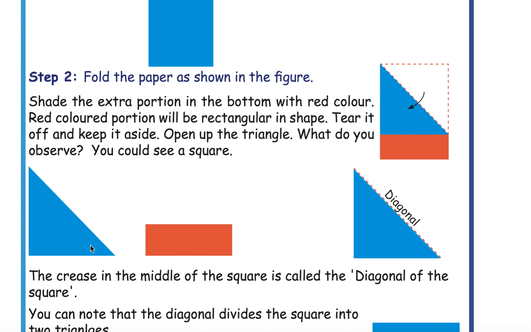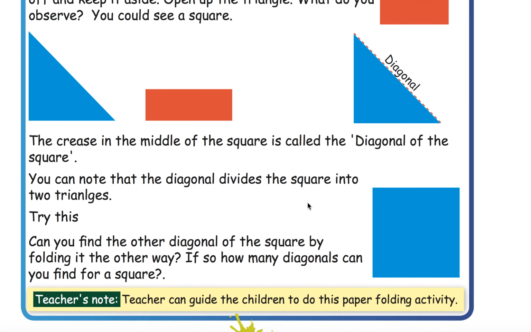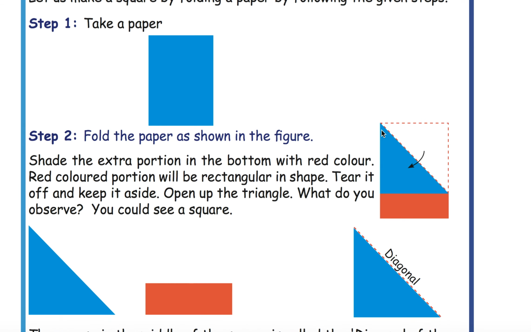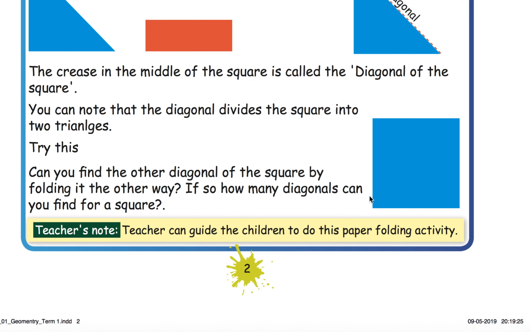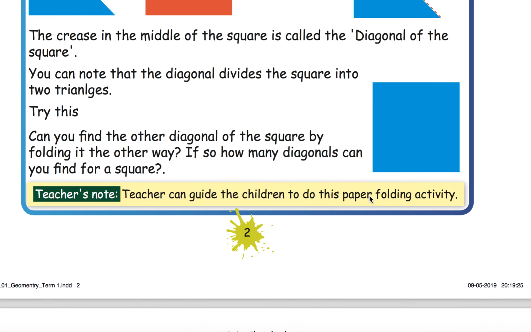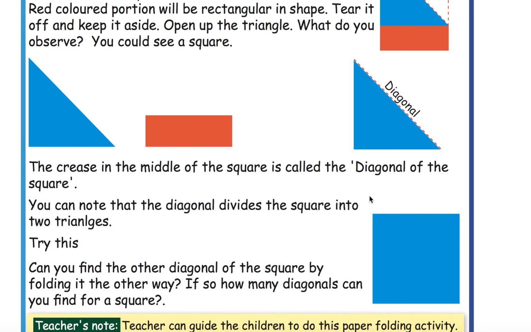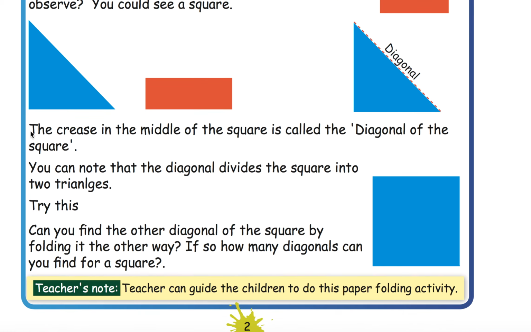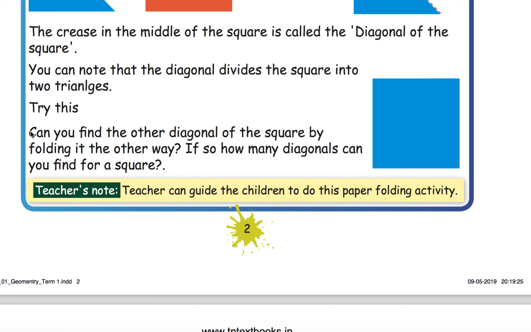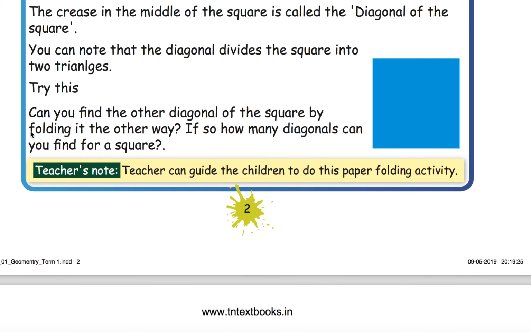So this is triangle, this one is rectangle, then this one becomes square. If you fold this one, what will it become? Triangle, right angle triangle. We'll be dealing with all the types of triangles in the later course.